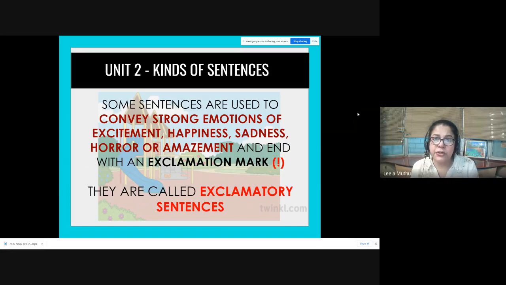Okay, so now we come to exclamatory sentences. This is the fourth and final type of sentence. Some sentences are used to convey very strong emotions. Emotions are what you feel inside you, right? When they say a person is very emotional, it means they feel so many different emotions and they express it very easily.